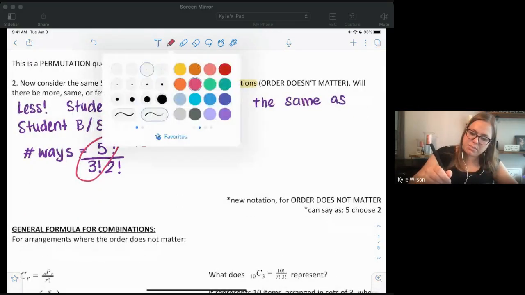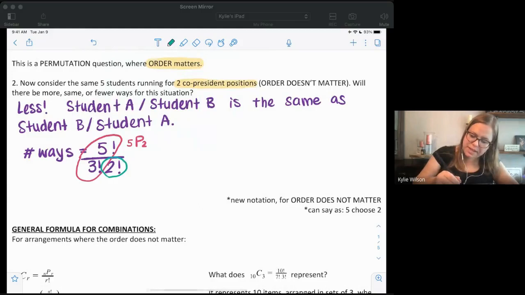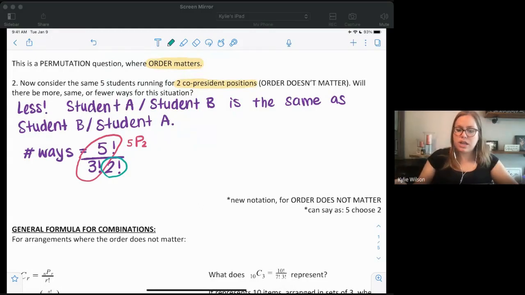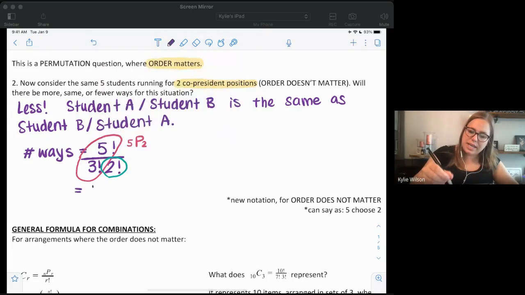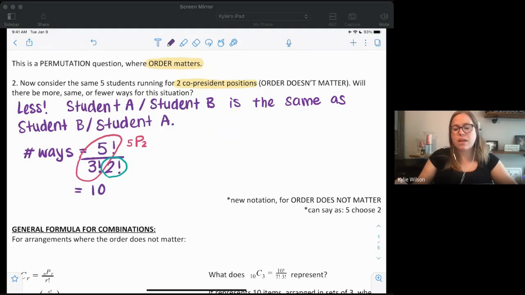This is the part that's new, this 2 factorial. And this part is here because student A and student B is the same thing as student B and student A now. In this case, if I put this in my calculator, it equals 10. So we do have less options.